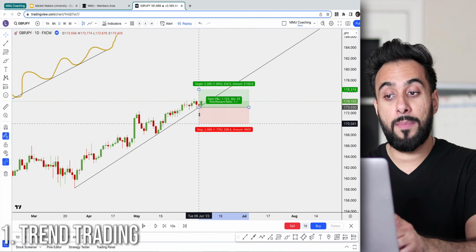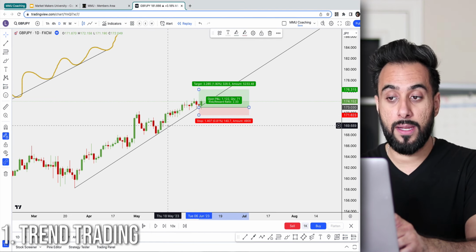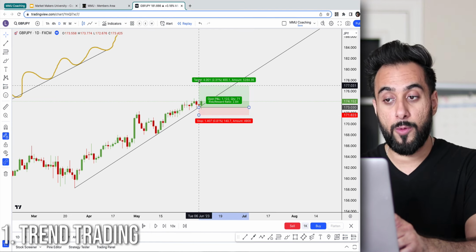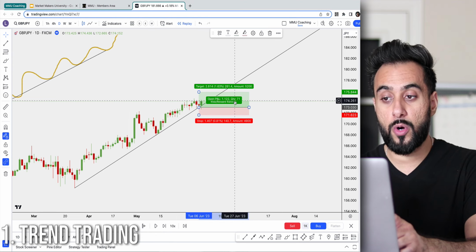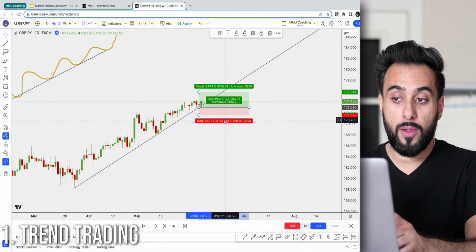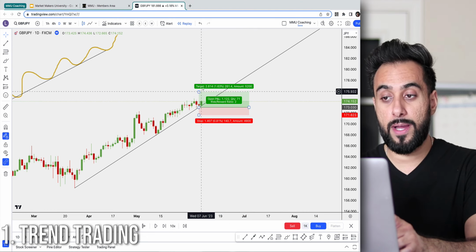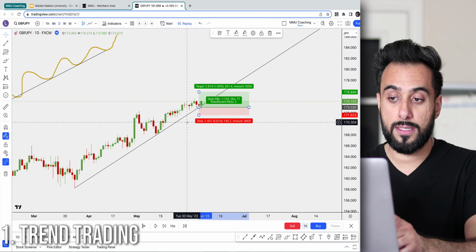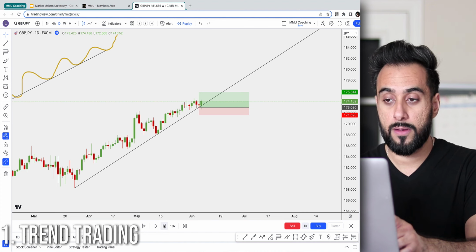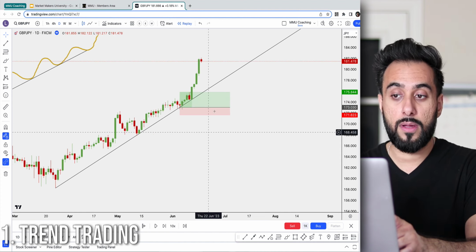Our stop loss must be below the trend line, and we can put our take profit wherever we want. In this case, let's just do a simple 1 to 2 risk to reward ratio: 140 pip stop loss, 280 pip take profit. If the price goes in our favor by 280 pips, the take profit is hit.